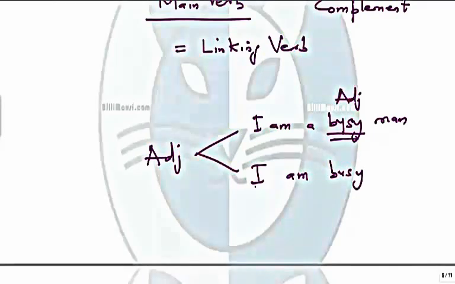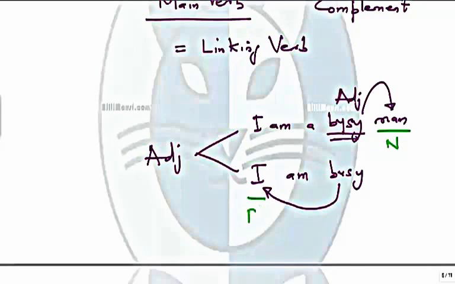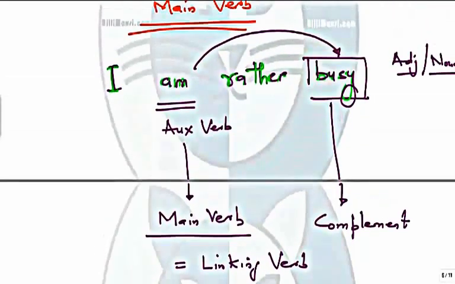Here busy is modifying man, whereas here busy is modifying I. Now let us realize that man is a noun and I is a pronoun. So a word which modifies a noun or a pronoun is obviously an adjective. So undoubtedly busy is an adjective. Hope you have got my point.